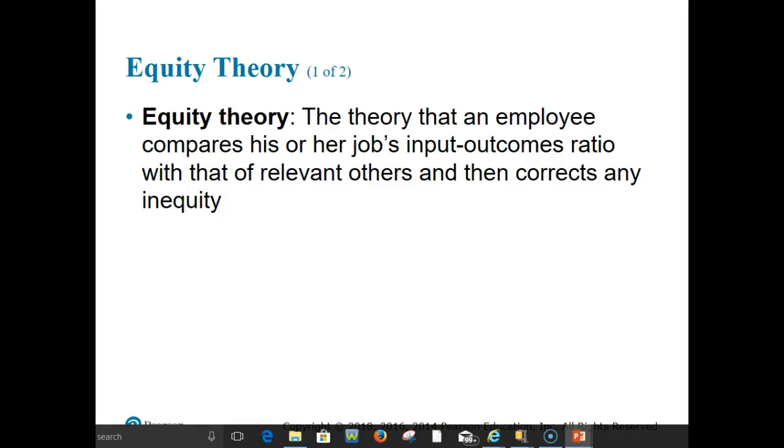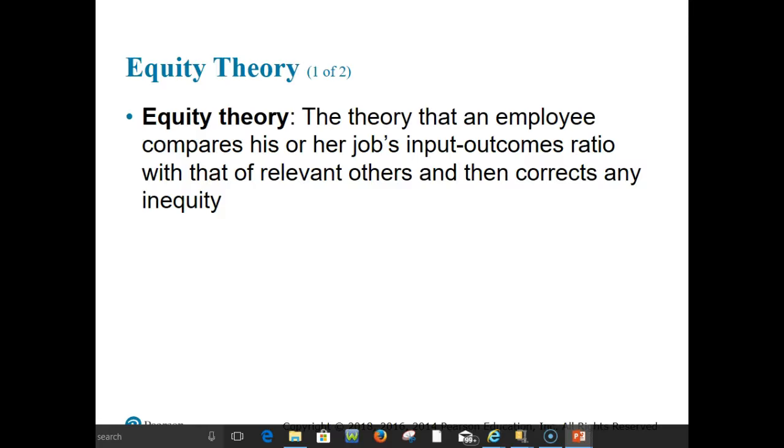If an employee perceives her ratio to be equitable in comparison to those of relevant others, there's no problem. However, if the ratio is inequitable, she views herself as under-rewarded or over-rewarded.